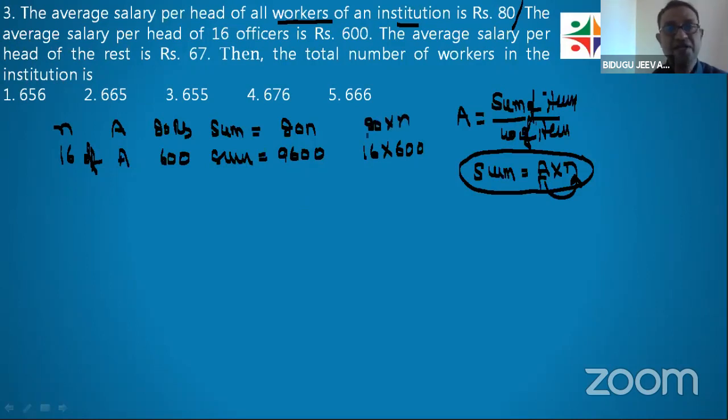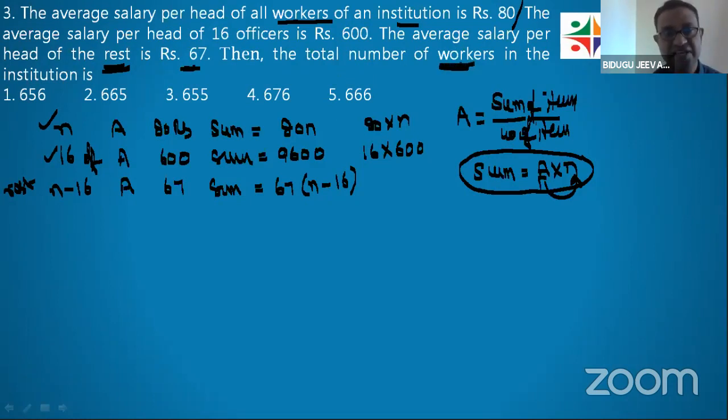Fine. The average salary per head of the rest is 67. What is the meaning of rest? That means the rest of the people. Already N people are there and 16 officers are there, so the rest is N minus 16. The average is given as 67. What is the sum? As usual, 67 into N minus 16, right? Now, what is the total number of workers in the institution?